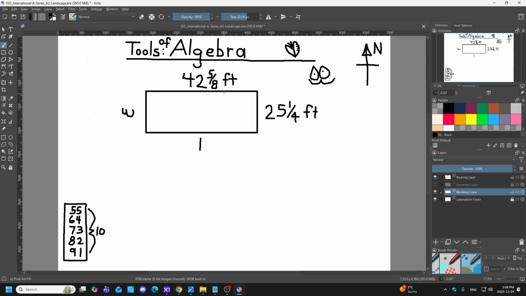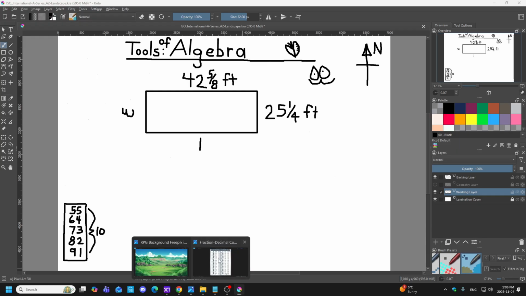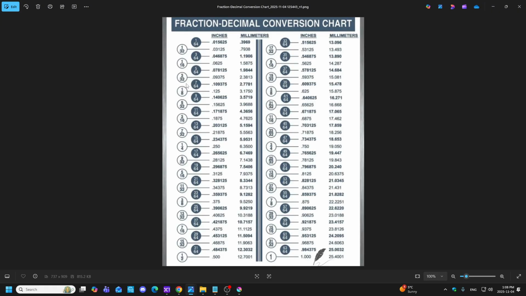We have fractions 5/8 and 1/4. One quarter, 0.250. And then they have the metric equivalent in millimeters.